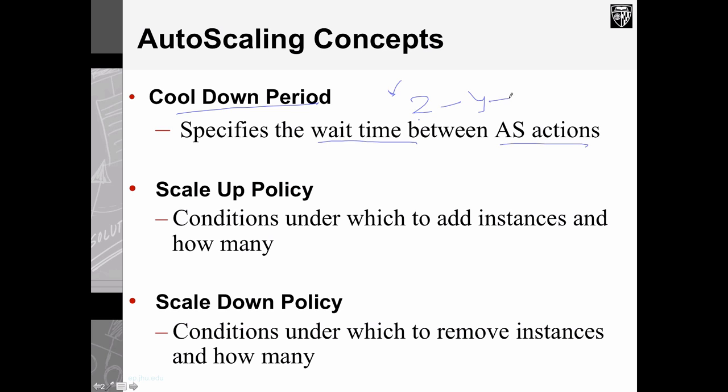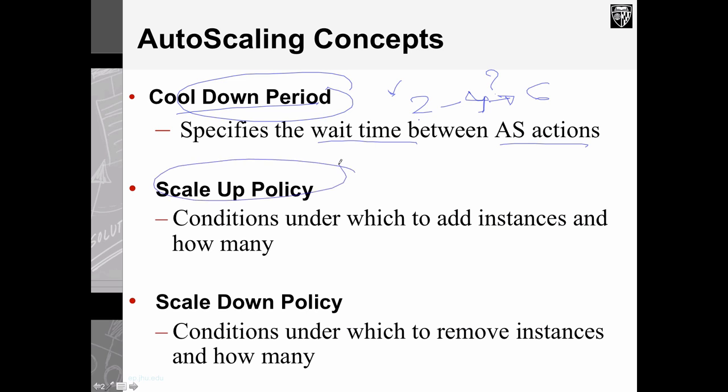Do we want to add more capacity at this time, or do we want to wait for a few seconds or a few minutes before going from 4 to 6? That's the question answered by the cooldown period. Essentially, if you just added additional capacity to the infrastructure, wait for a few minutes before you continue adding additional capacity. So that's the cooldown period.